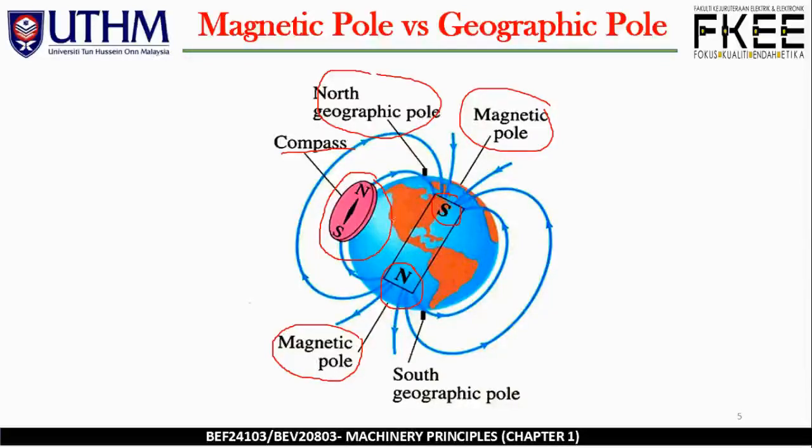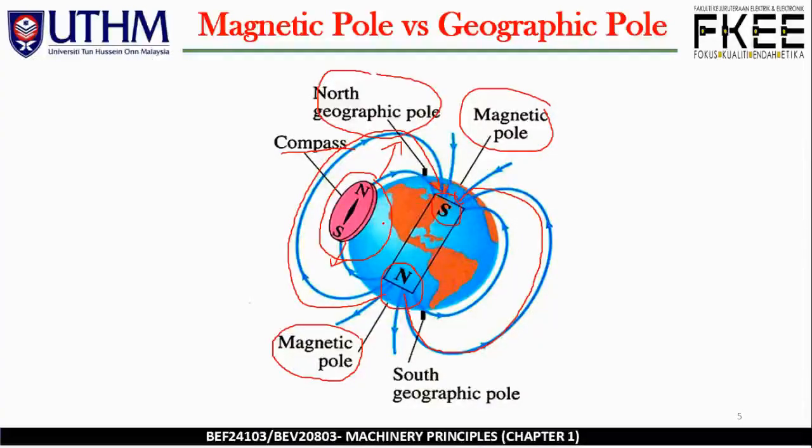Coming to a compass, we have north, of course, this direction, as well as the south. By the way, principally, we can see that the magnetic field is actually going out of the North Pole and coming into the south. So this is the orientation, the direction of the magnetic field.